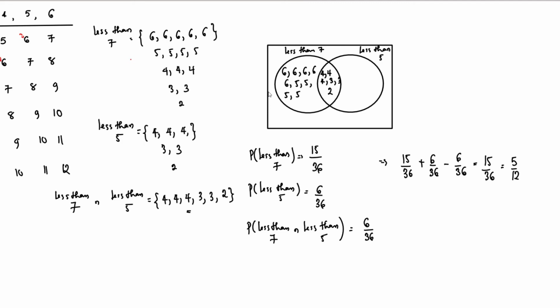If we convert this to a decimal value, we have our answer to be approximately 0.417, which is 41.7%. So if we roll 2 fair dice at the same time, there is a 41.7% chance that we are going to have a sum less than 7 or less than 5.